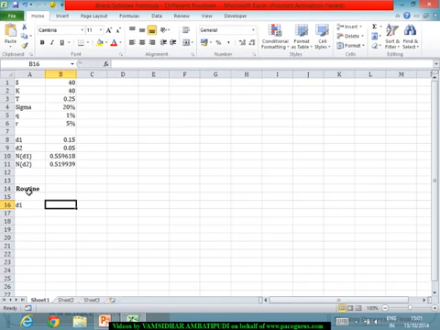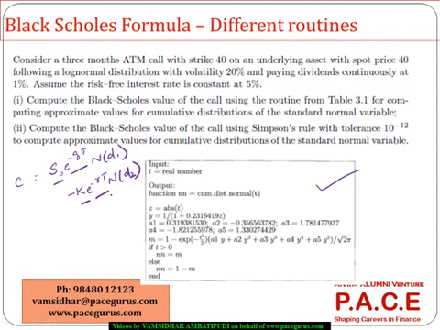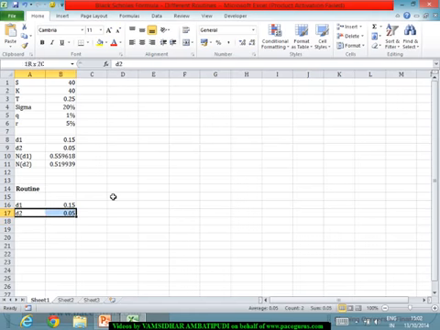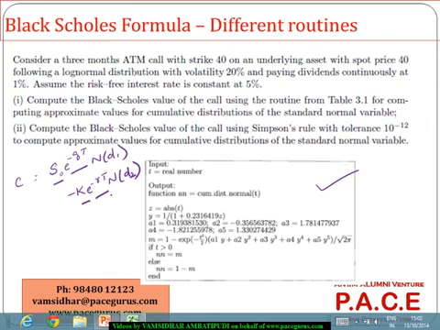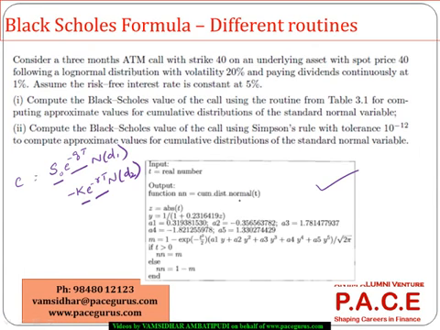So I'll take D1. In this case, my D1 is 0.15, D2 is 0.05, right? Okay. So for D1, first let me do it with respect to D1 so that I'll compute ND1. I'll start with D1, which is 0.15. So Z, going with this, we'll go step by step.